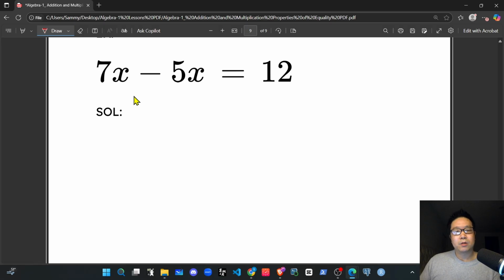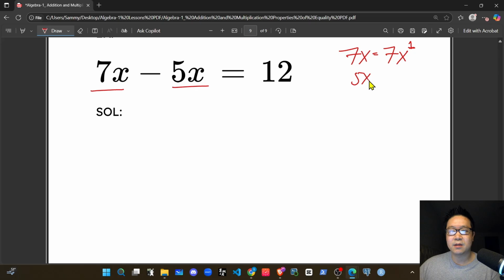Okay, so with this problem, if you remember our first lesson on variables for this Algebra 1 series, you should know that we have like terms here. They have the same variable, same exponent. 7x is the same thing as 7x to the first power, and 5x is the same thing as 5x to the first power.